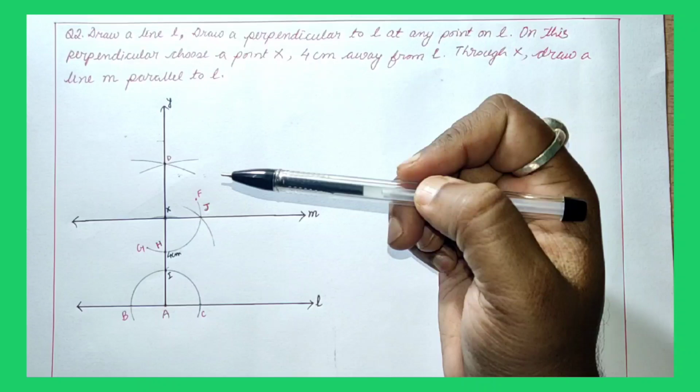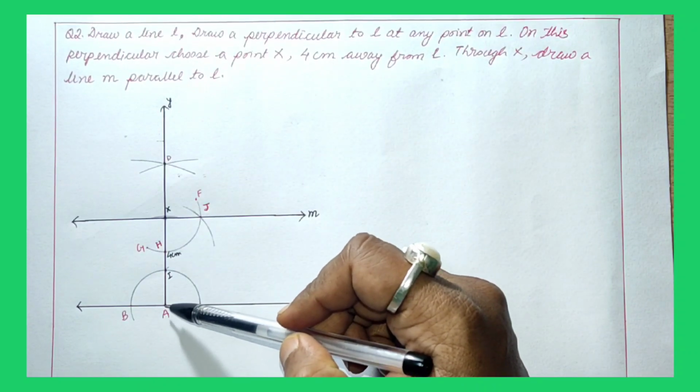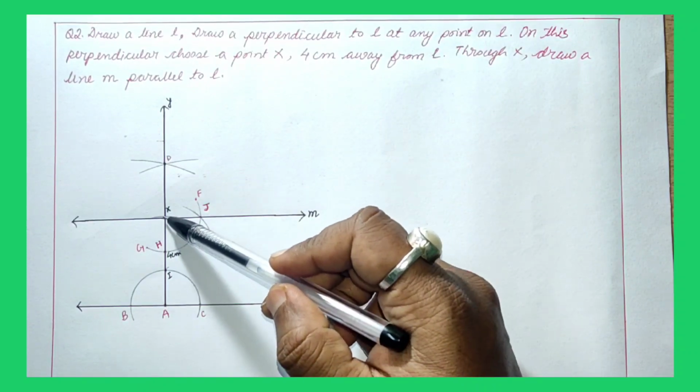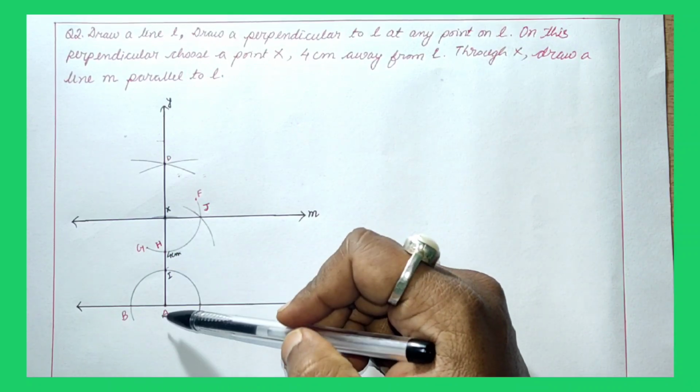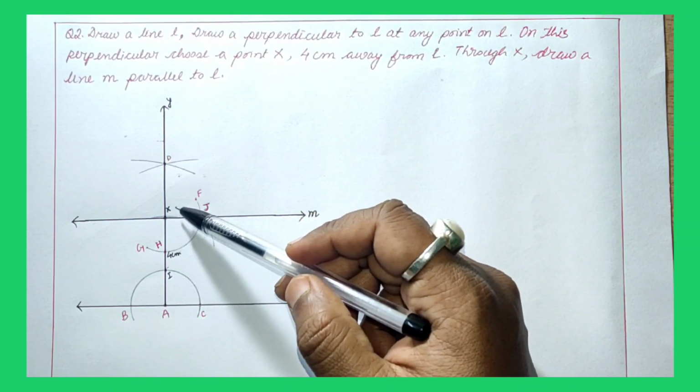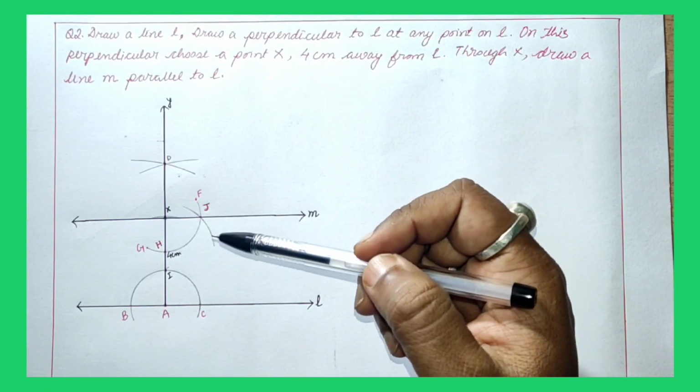After that I have taken A as the center and I have drawn one 4 centimeter arc on AY cutting it at X as told in the question.